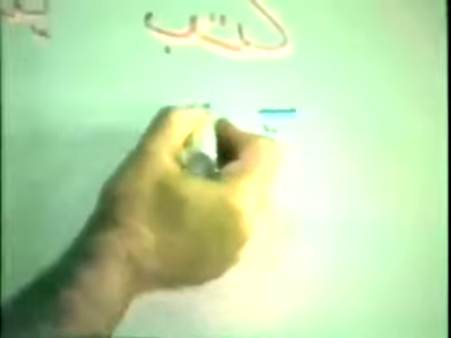Now, let's go to the next word. قرأ means to read. قرأ, to read. Now, he reads would be يقرأ. Now notice here كتب يكتب. قرأ يقرأ.